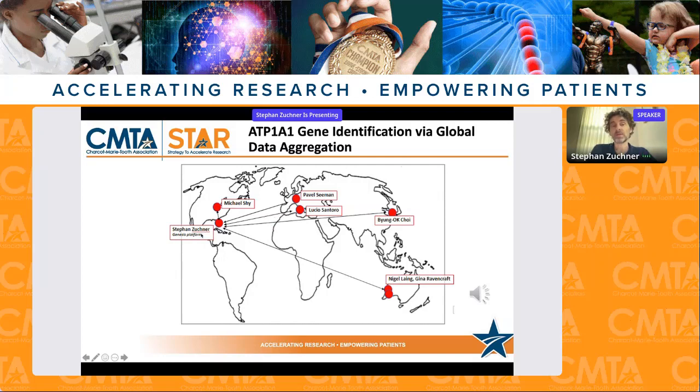So when we found it, we had a family from Dr. Shai in Iowa. I work very closely with Dr. Shai, but also from Dr. Seeman in Czech Republic. We had a family from southern Italy, from South Korea, and 2 families from different places in Australia.